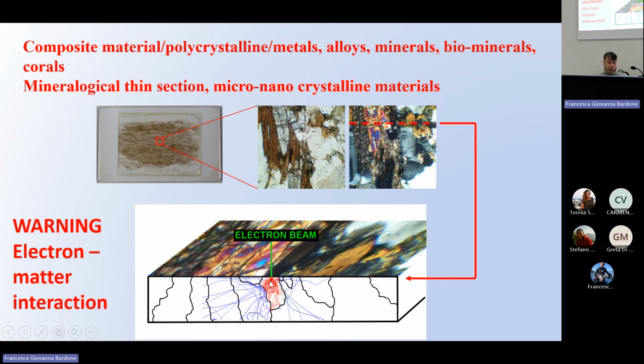X-rays are produced inside your crystal, and in escaping from the bulk to the surface, they can encounter other crystals, other minerals, and the final signal is related to this reduced resolution with respect to the electron beam size.